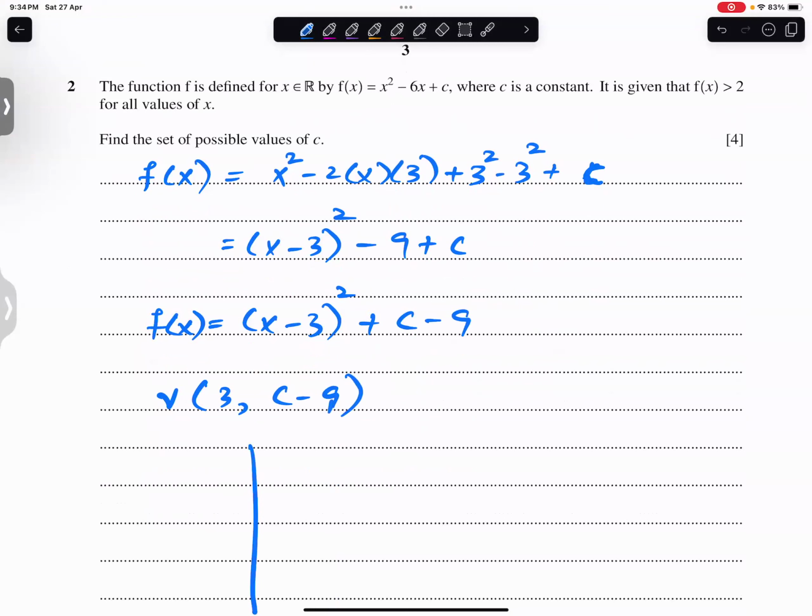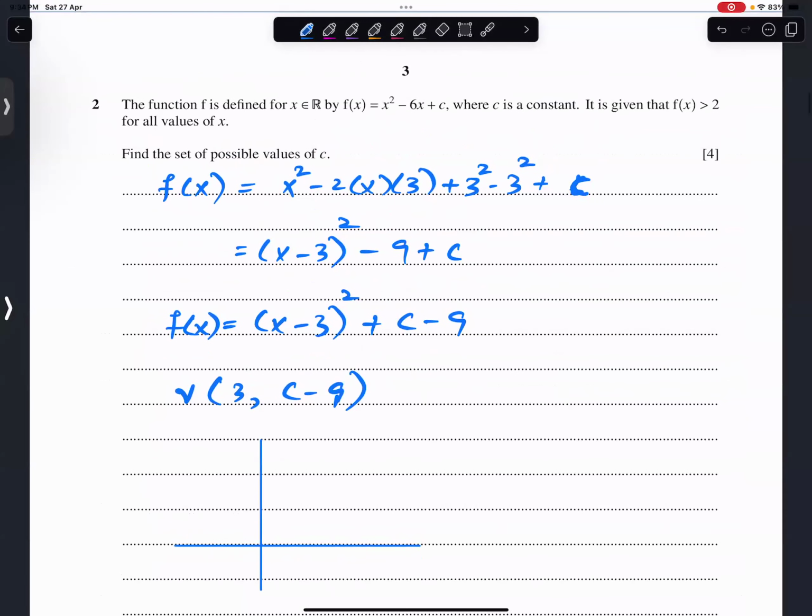So the meaning of vertex is, I don't know where c lies, but let's say, because the leading coefficient is positive, the graph definitely faces upward. So this is my vertex V with (3, c minus 9).